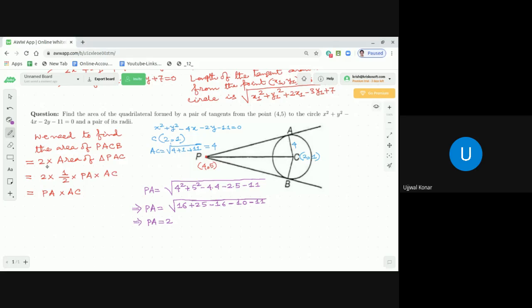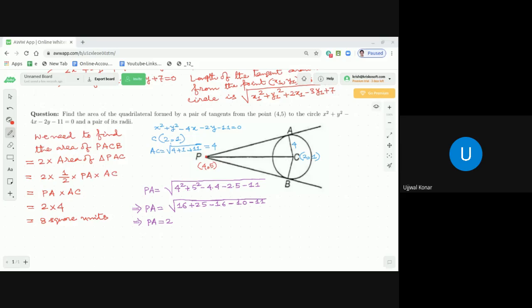Then what is the value of the area we are going to get, dear students? PA we apply 2 and AC we got 4. That is equal to 8 square units. So this is one example in which we are able to apply the concept of the tangent.